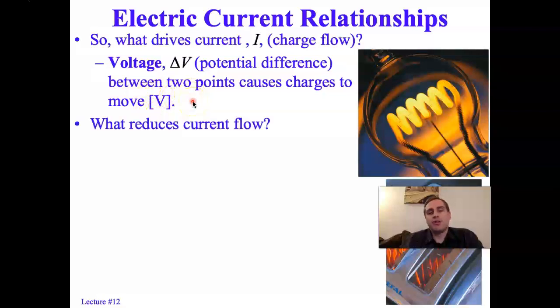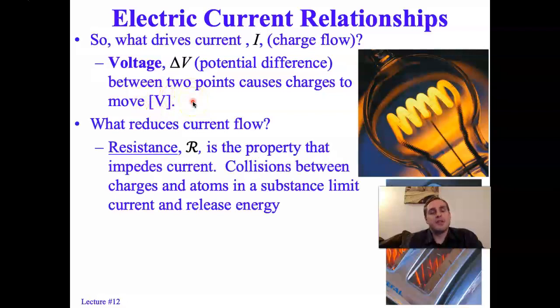What reduces current flow? Well, that's going to be resistance. Now, by the way, almost every textbook uses capital R for resistance, but in my opinion, that can be confused with radius. A lot of times we don't necessarily deal with circles when we deal with circuits, but it's possible. So I'm going to put it as a script R, but it still looks like a capital R. The resistance is the property that impedes current.